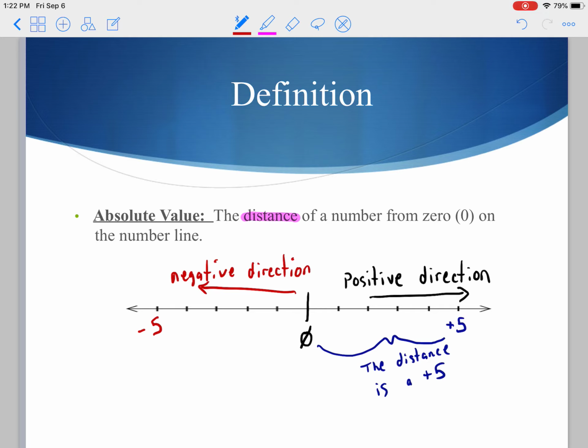So my location is negative 5, but when I look at the distance that I traveled from 0, the distance is still a positive 5. I have still moved a total of 5 units from 0. And so the direction may be positive or negative, but in either case, the distance that I have traveled from 0 will always be positive.